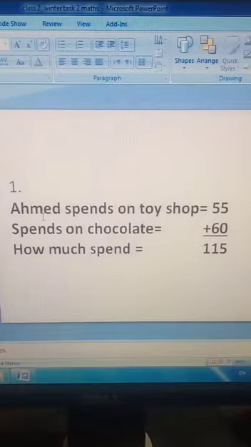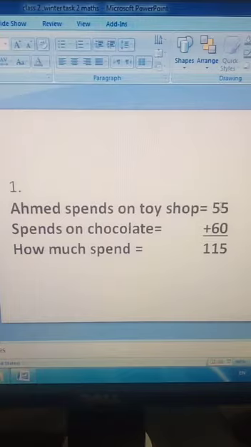Ahmed spent rupees 55 at a toy shop, and then another rupees 60 on chocolate. How much does he spend in total? Students, we will find out how much total he spent.